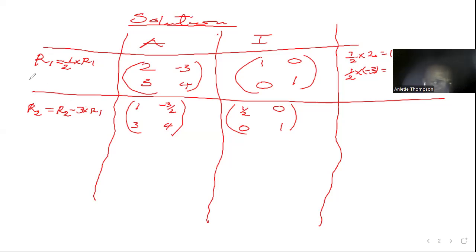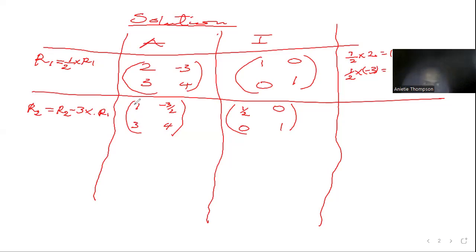Why do I do that? I'm going to explain that to you. I just look at the row here.